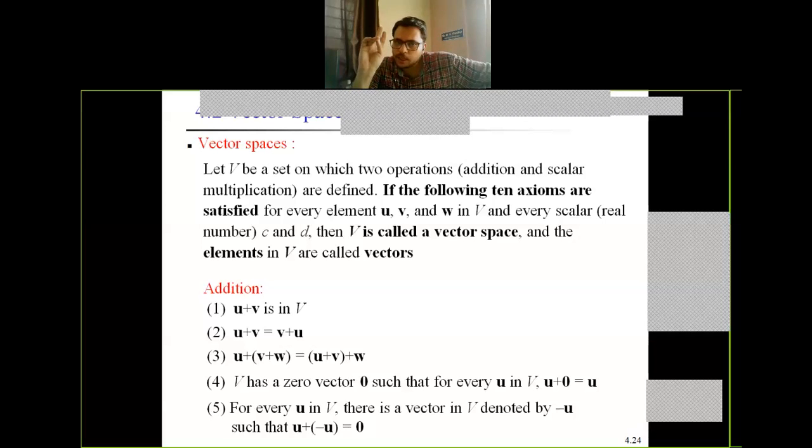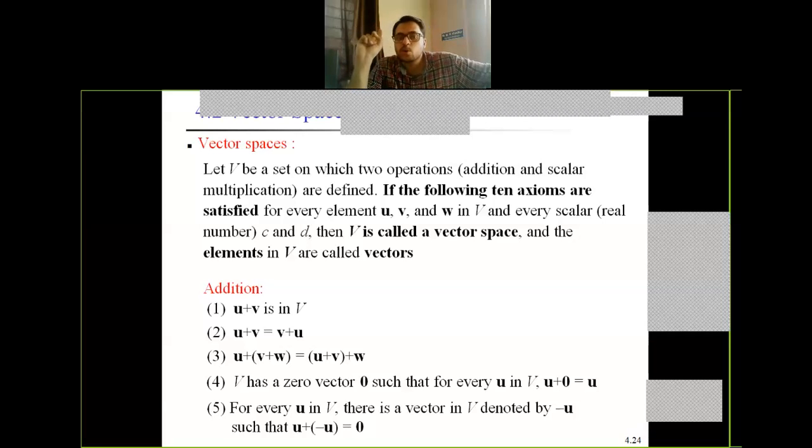And the elements in V are called vectors, as in the last line. So u and v are vectors from the vector space capital V.